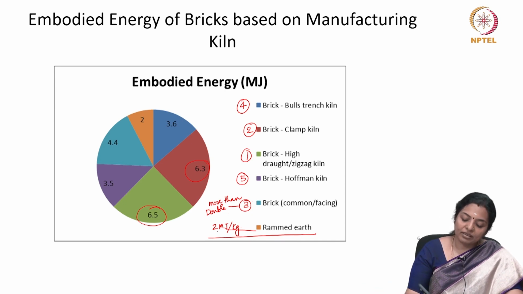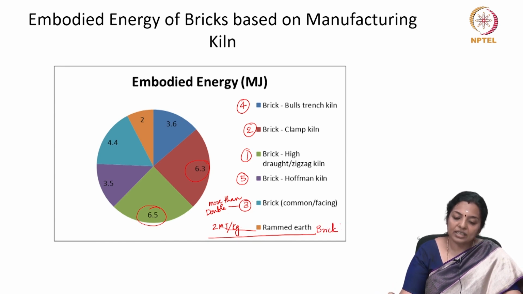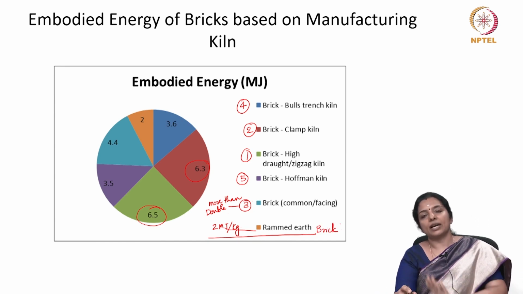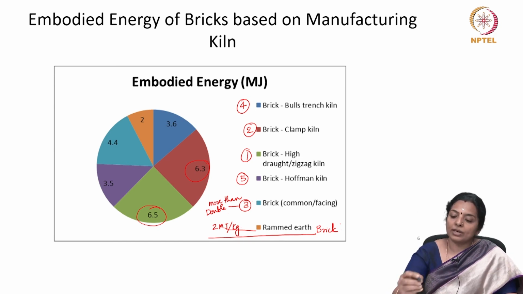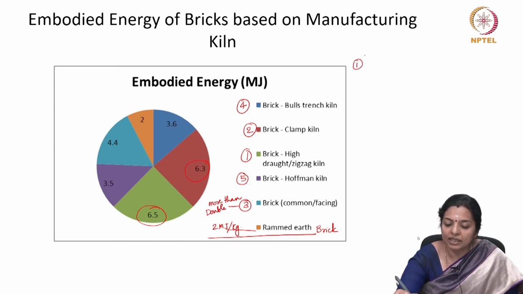The rammed earth brick contributes the least when it comes to embodied energy. Hence, what we have seen in the earlier slide is that brick is a major contributor to embodied energy.